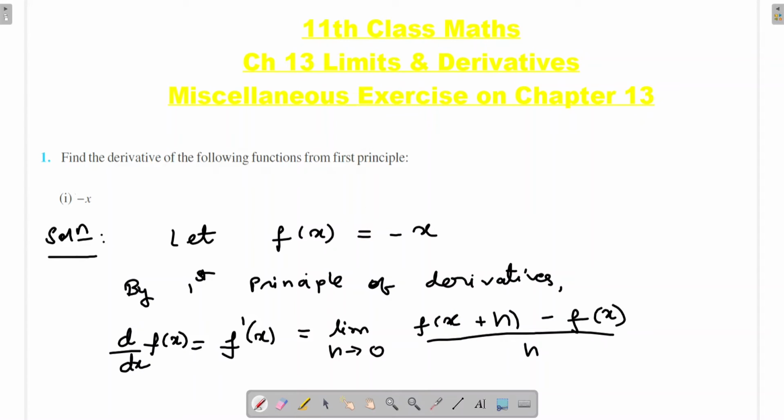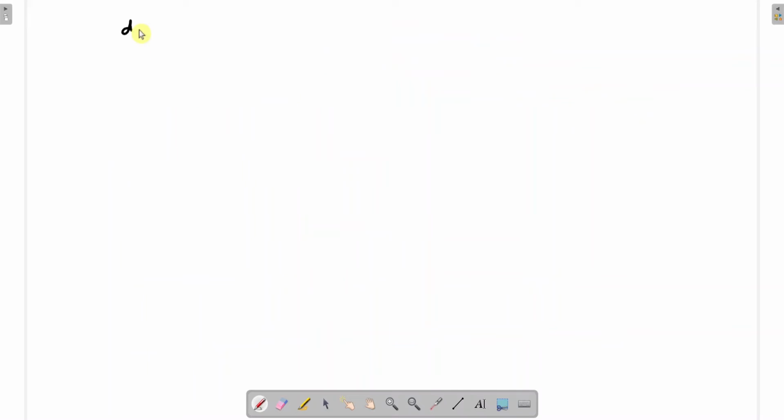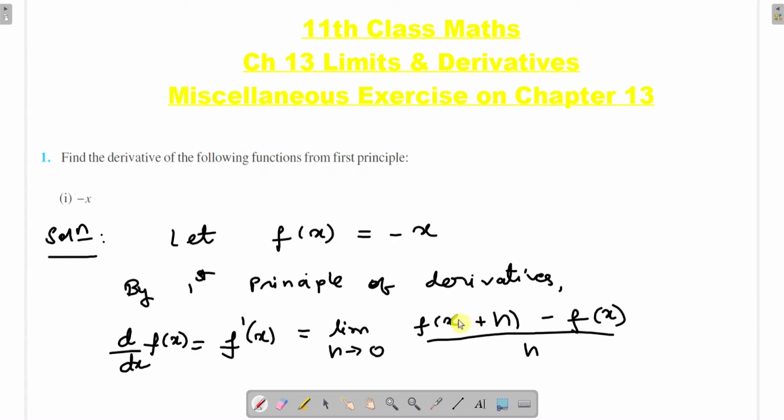Now what we will get here, derivative of f of x will be equal to limit h tends to 0. Now f of x plus h we have to write. So what will that be? See, the function f(x) is minus x, so f of x plus h will be what? We just have to replace this x by x plus h. So we will get the minus sign here, and we have to replace x by x plus h.